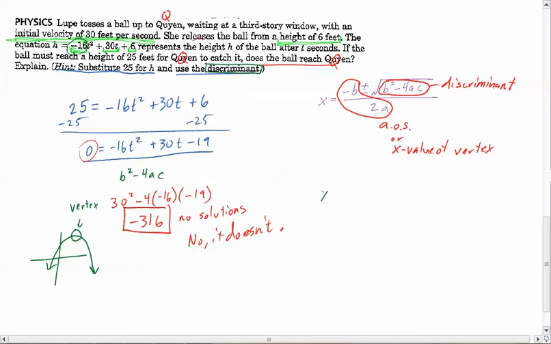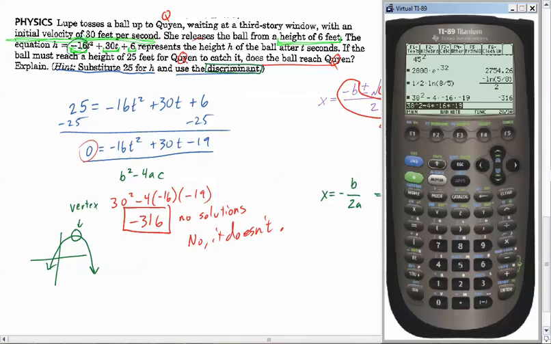So we'll go x equals negative b over 2a. So negative, and then b was 30, over 2 times a, which was negative 16. And so we've got negative 30 over negative 32.